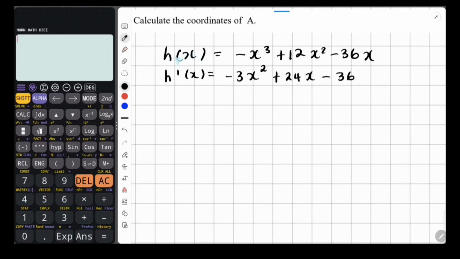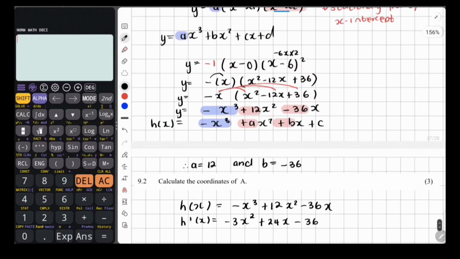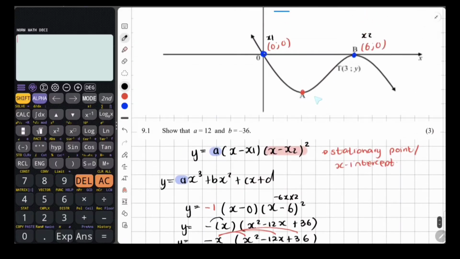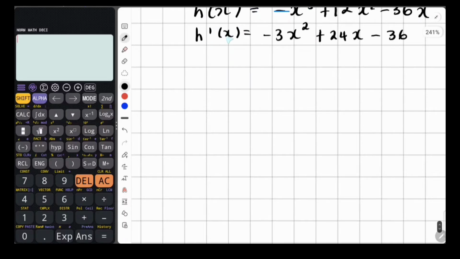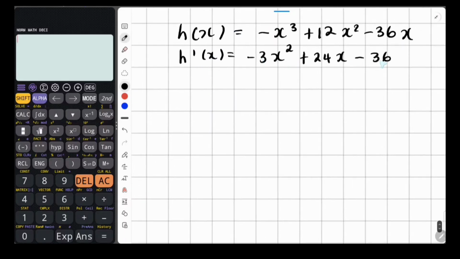Okay, so now we have the gradient of this function h. Since we want the turning point, we are finding the gradient, but we know what the gradient is at the turning point. At every turning point, the gradient is always going to be 0. So we're going to make h prime of x equal to 0, since this is the equation of the gradient. So we have negative 3x squared plus 24x minus 36.